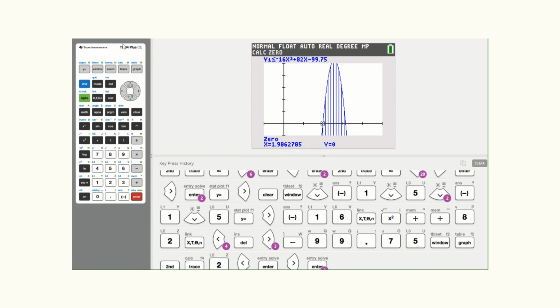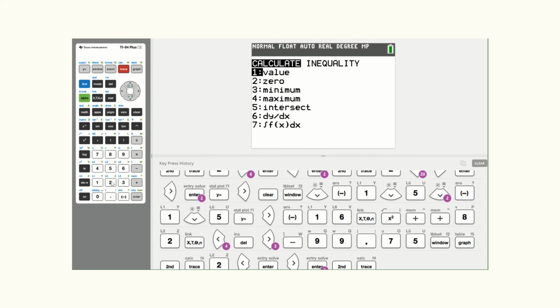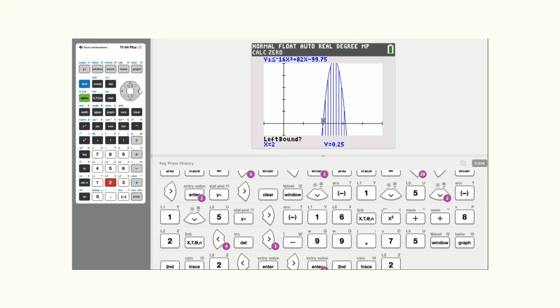Now, what about when it's coming down? Well, I want to go second, trace again. Again, I'm going to choose zero. And I need to move this cursor to the other side. There we go. Now we're coming back down. And I want to be above the x-axis.